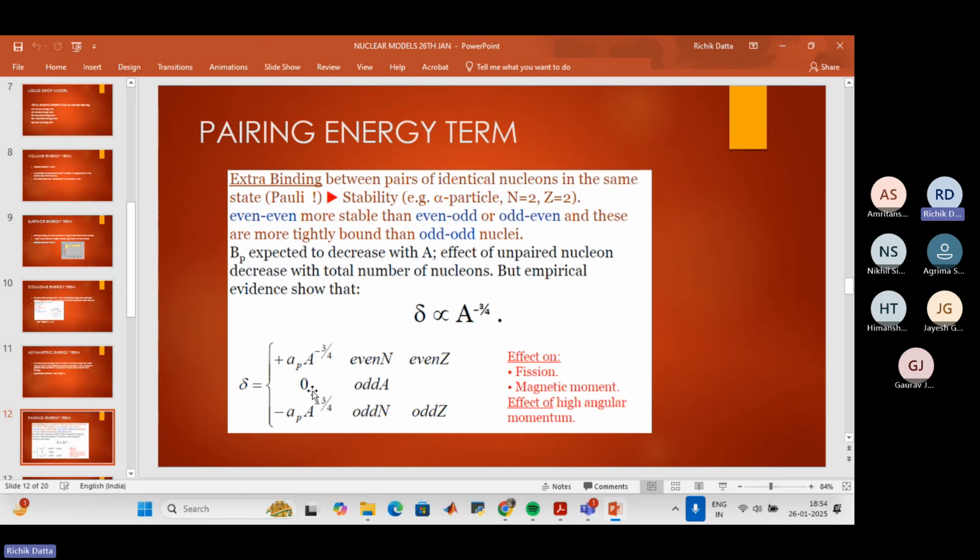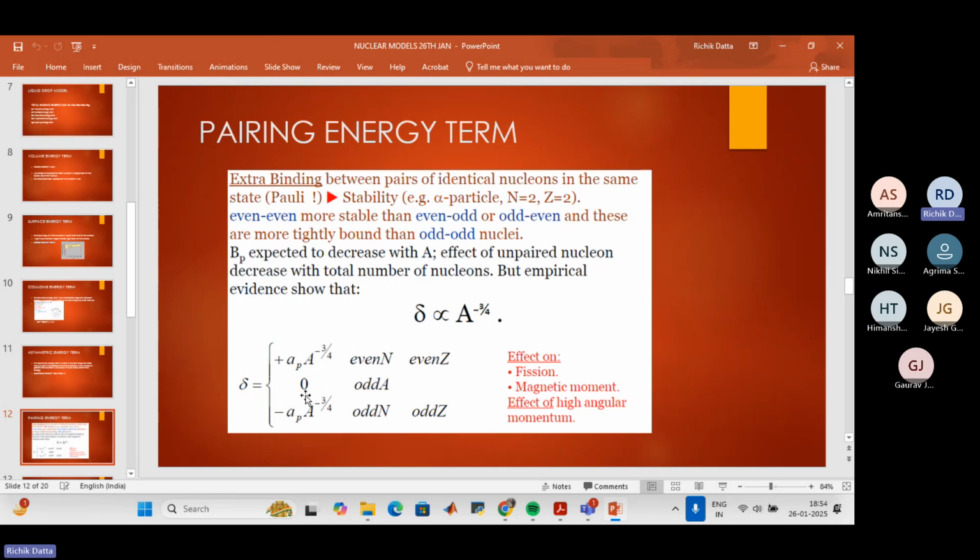If any one of them is odd and the other is even, the pairing energy term will be 0 for both cases. So if the number of protons is odd but the number of neutrons is even, and vice versa, the pairing energy term will be 0.